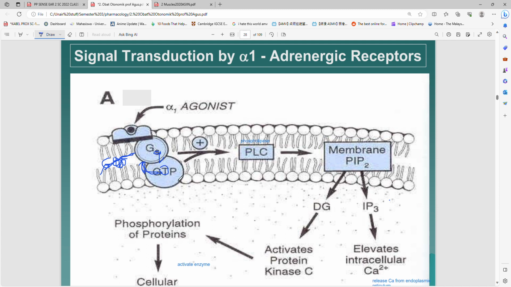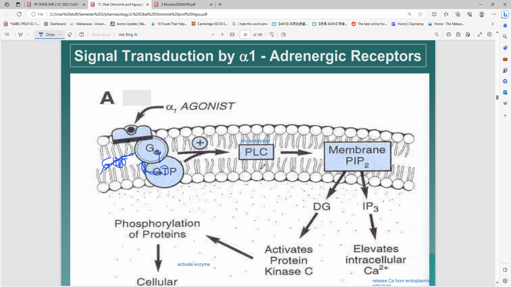What the GTP does to the G protein is it activates the G protein, and the activated Gq protein goes and activates the PLC, phospholipase C, found in the cell membrane.